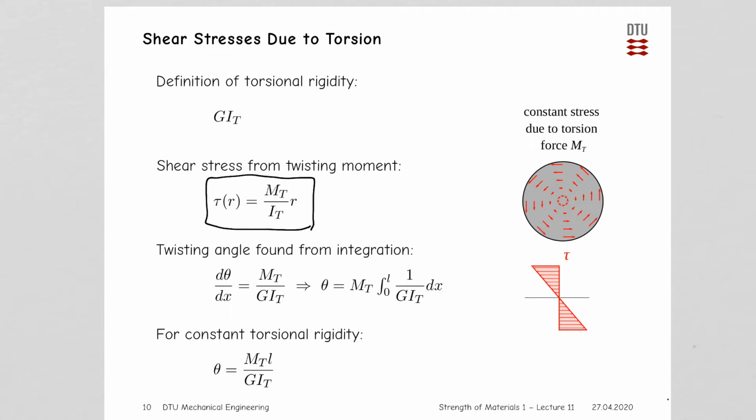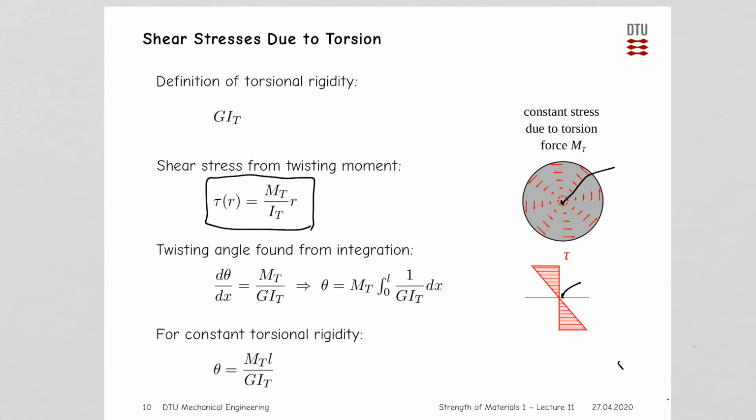In the center, we have r equal to 0. At zero radius, we have no shear stresses, but then the shear stress magnitude will grow as the radius increases, and we will have the maximum shear stress at the outer fibers close to the outer radius of our circular cross section.